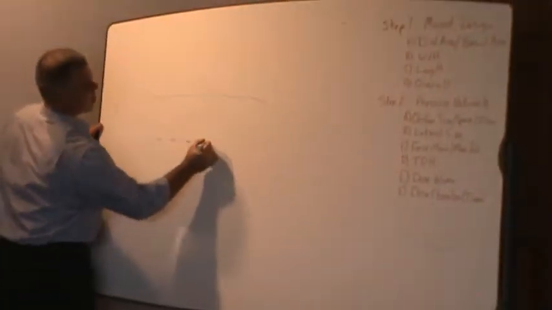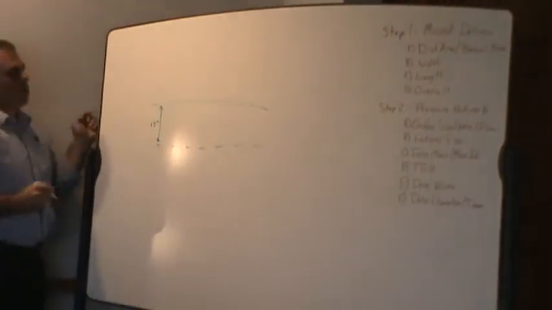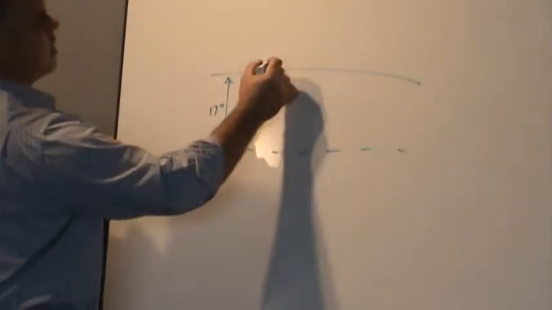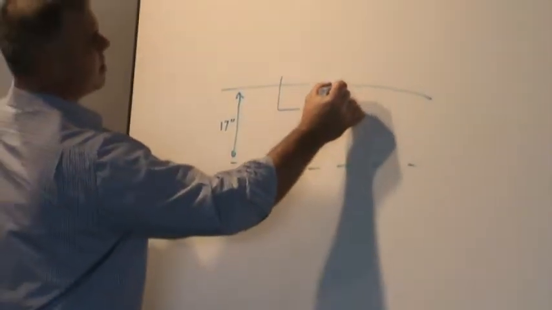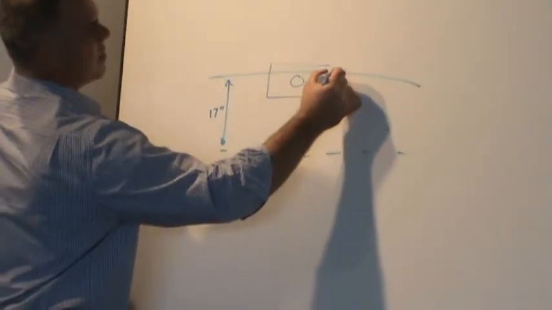So we have a restricting layer at 17 inches. One option, a fairly common option the person may choose, is to put that cistern, that leach trench, partially in the ground, 5 inches.